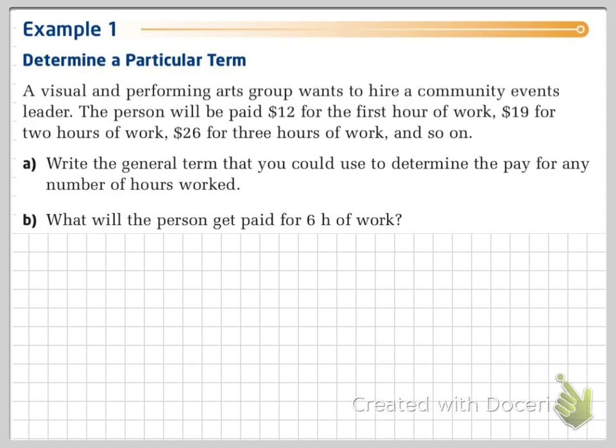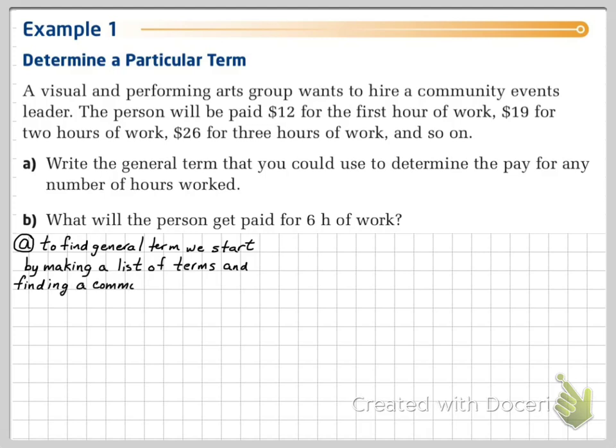Here we go. To find the general term, we start by making a list of the terms and finding a common difference. T1 is 12, term 2 is 19, term 3 is 26, term 4 was 33.